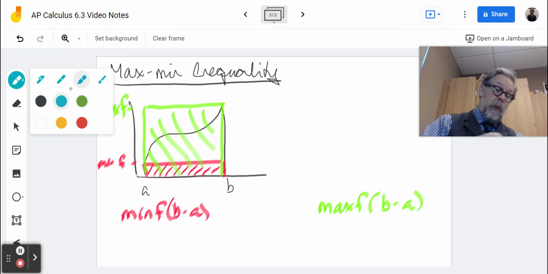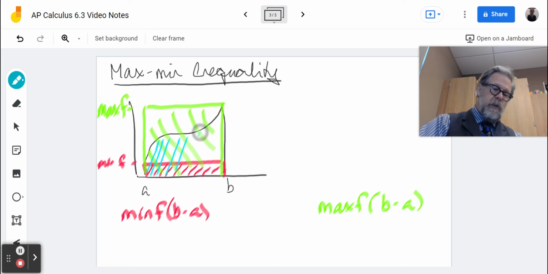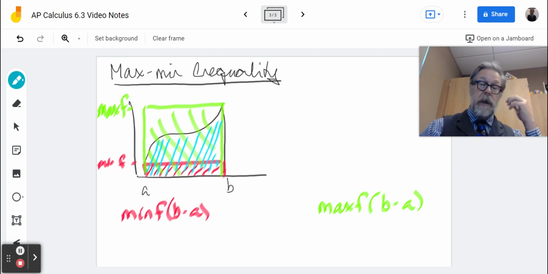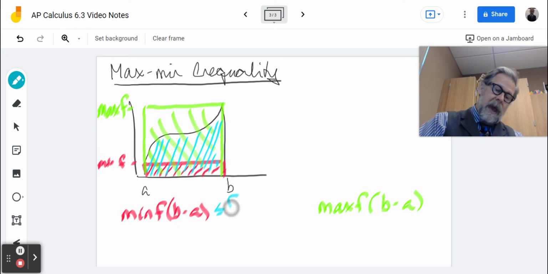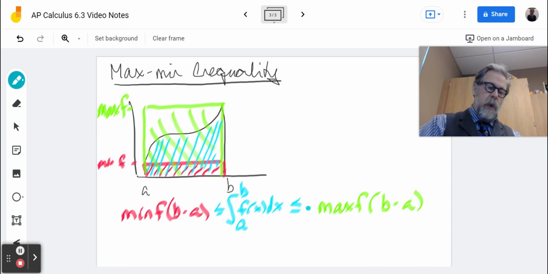And here we go, just as clearly, the actual value can't be less than that red rectangle. It can't be greater than that green rectangle, which means that the actual value of the integral from a to b of f of x dx must be somewhere in between these two values.